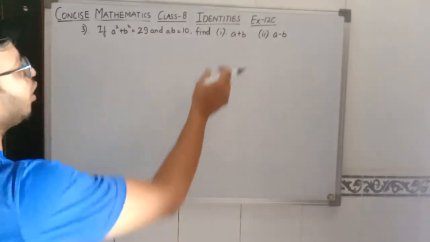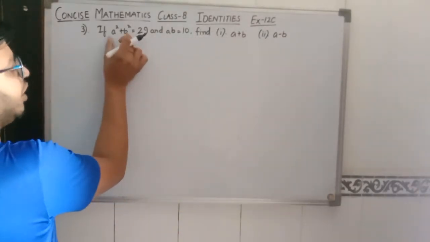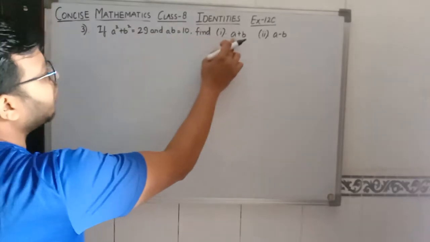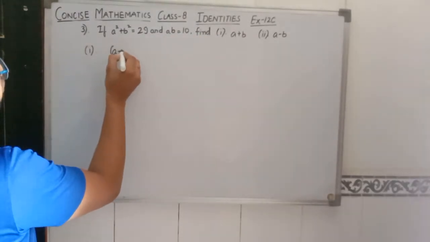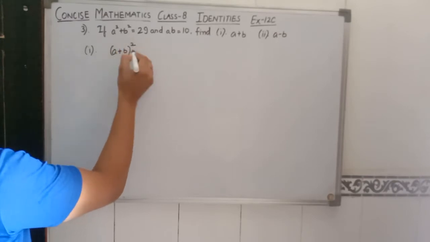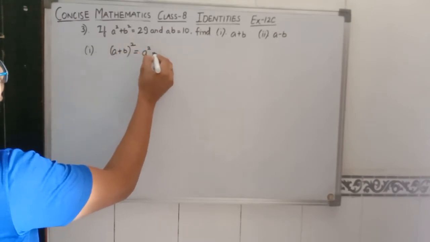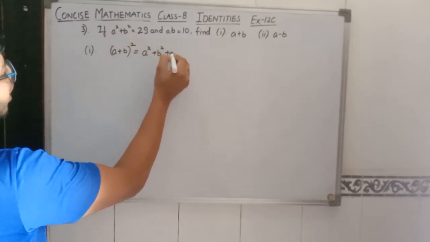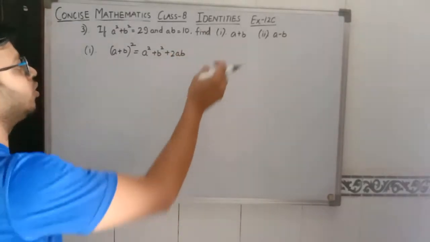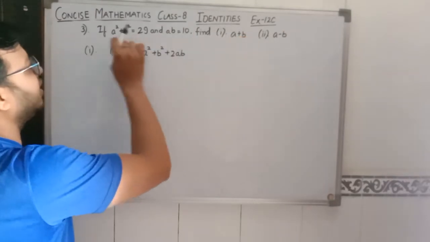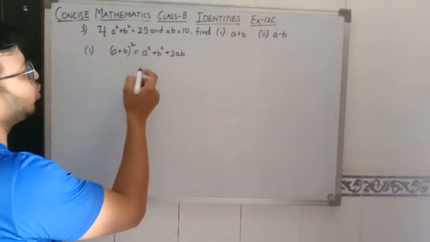Again, we observe that we have the values of a square plus b square and ab. We have to find a plus b. So for the first part, we apply the formula of a plus b whole square, that is a square plus b square plus 2ab. Why are we applying the whole square? Because if we do the whole square, then both of these terms will come.